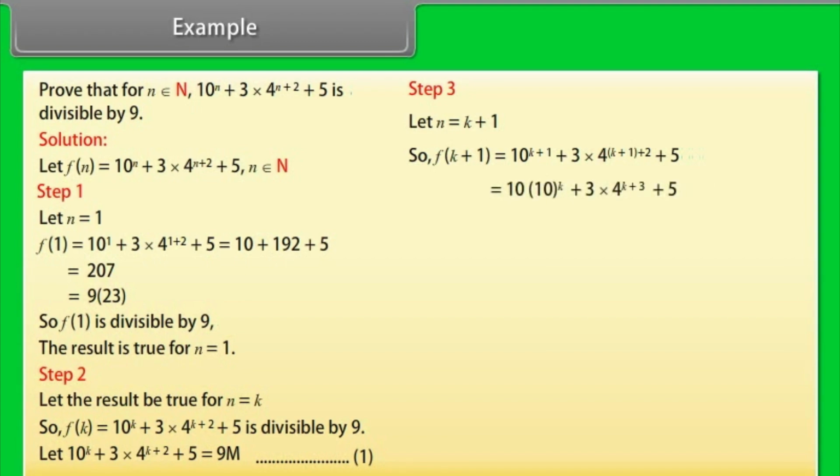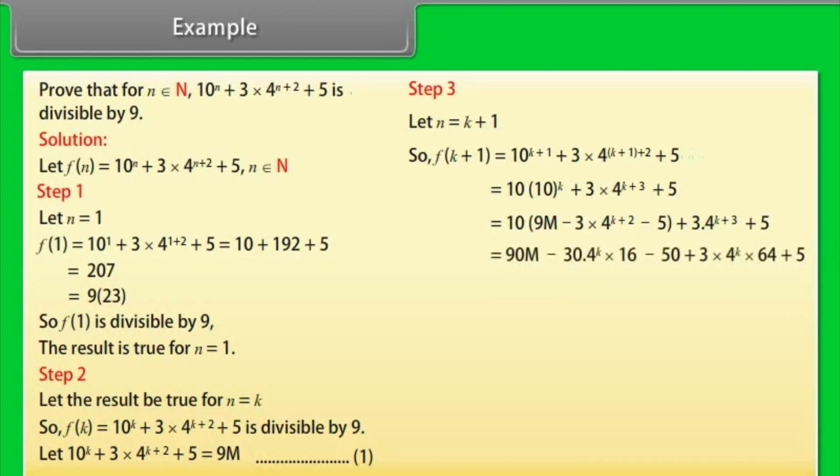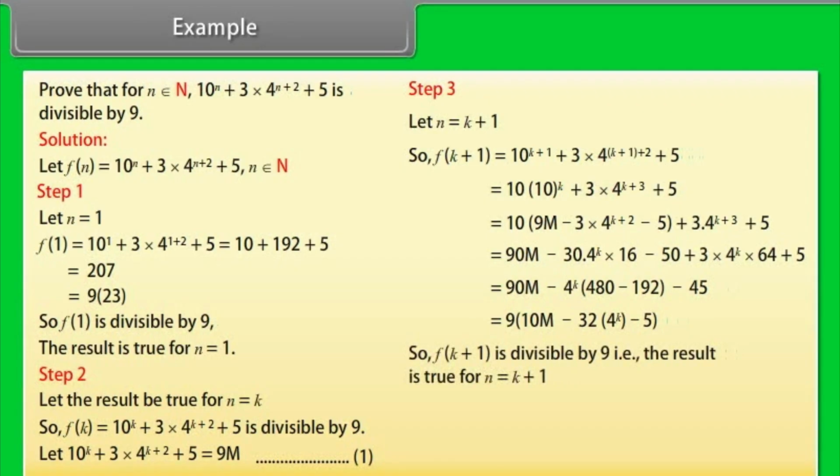By calculating it, we get f(k+1) = 9 × (10m − 32 × 4^k − 5). So, f(k+1) is divisible by 9, that is, the result is true for n = k + 1.